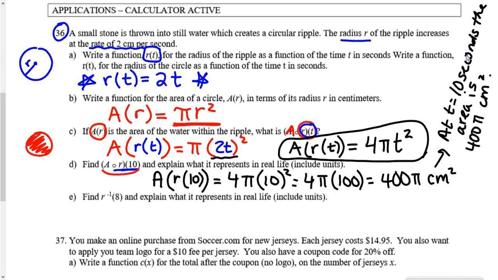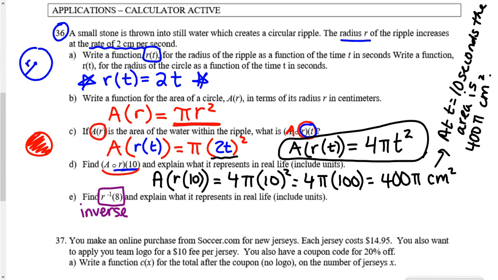All right, so now I've got a different situation here. I have r and the little negative one in the exponent. Remember that means inverse. This says find r inverse of 8 and explain what it represents in real life. Well, what is r inverse? R inverse is the opposite of the original function.